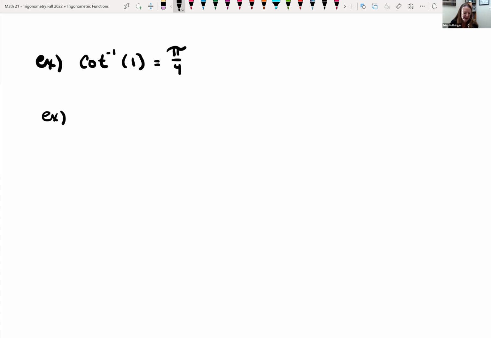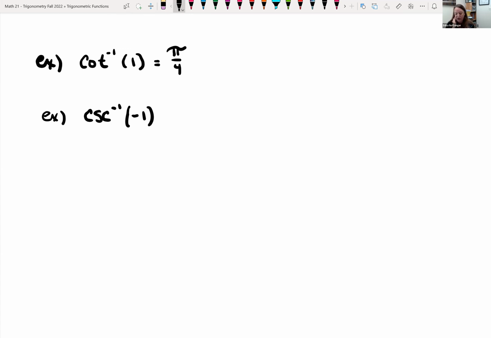If we had cosecant inverse of -1. So I always tend to think of cosecant and secant in terms of sine and cosine. Cosecant is 1 over sine.